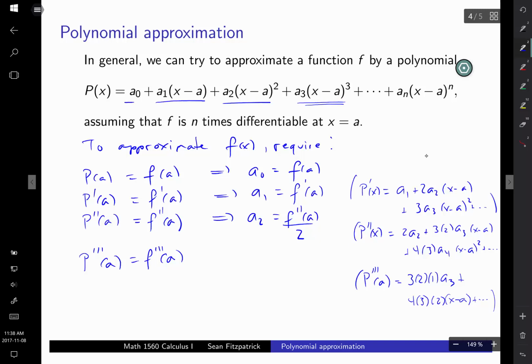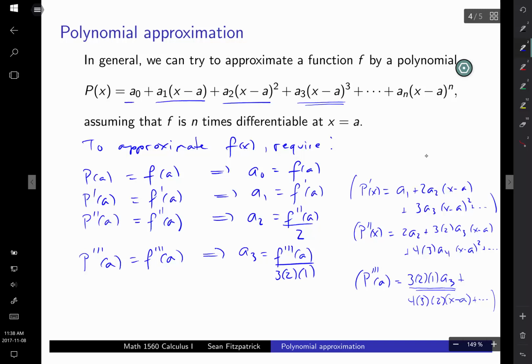So when we put x equal to a, all those other terms go away, and we're just left with this one. And we want that to equal f triple prime. So to solve for A3, we get f triple prime of a over 3 times 2 times 1.